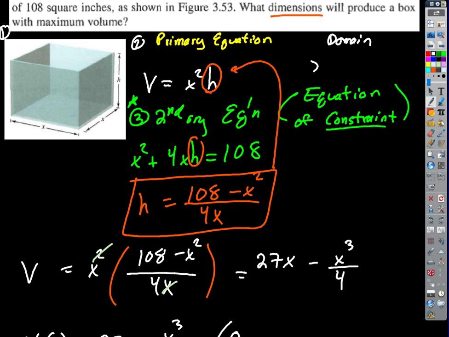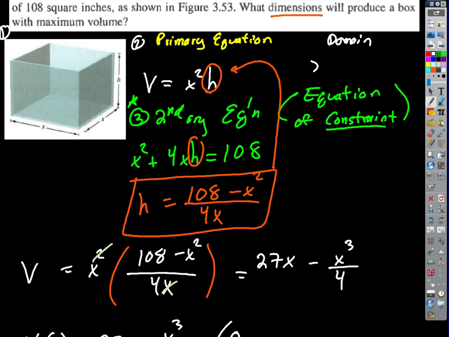What if h actually became 0? If we used all of the cardboard on just the base, so h became 0. Well, we could figure out how big x is, couldn't we? We would know that if h went to 0, we would just end up with x squared equals 108, in the limit. You get what I'm saying? Because there's a physical constraint here, with an area of cardboard that we've got to use.